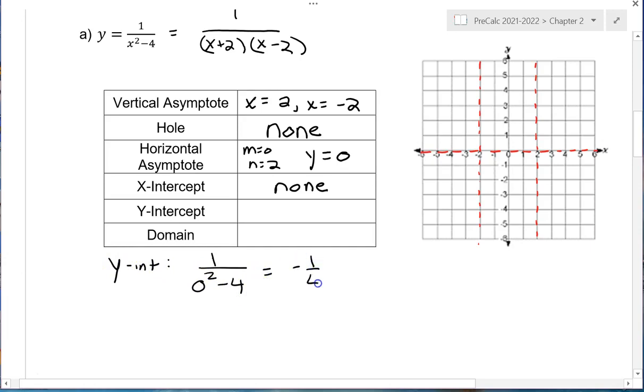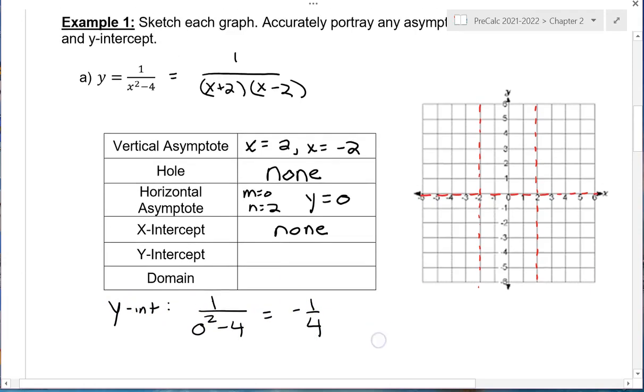I get a negative 1/4. So negative 1/4, right about there. So that's at the point x is 0, y is negative 1/4. Let's look at that. I plotted positive 1/4. Let's try that again. I'm going to delete that. Negative 1/4 right about there. Domain, let's not worry about that.